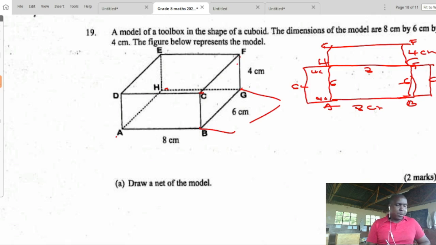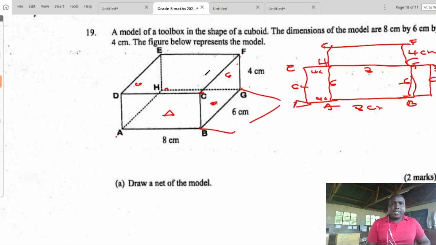This one here will be CF, this one will be E, and this one will be D.